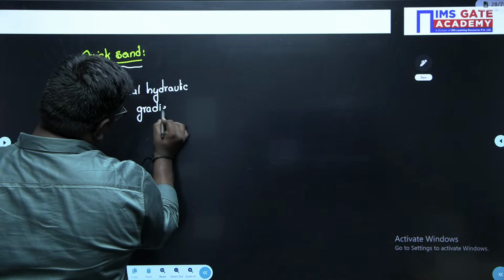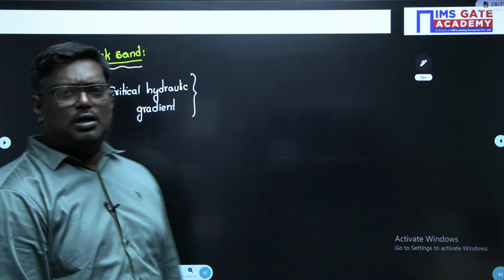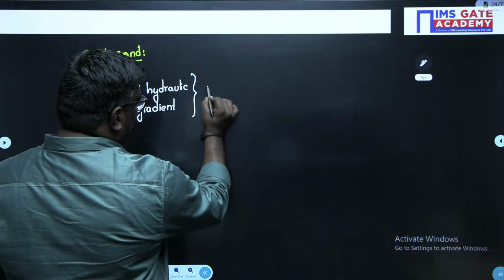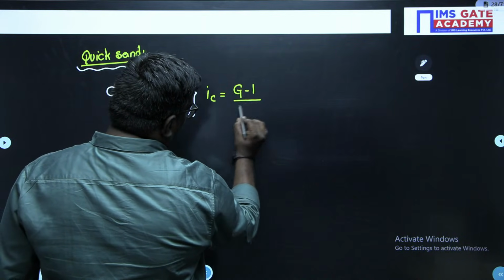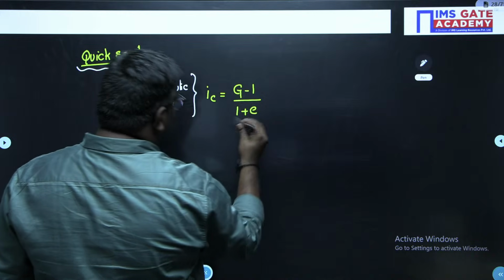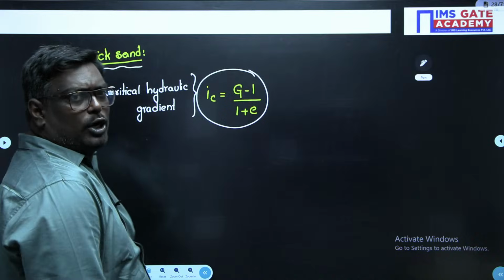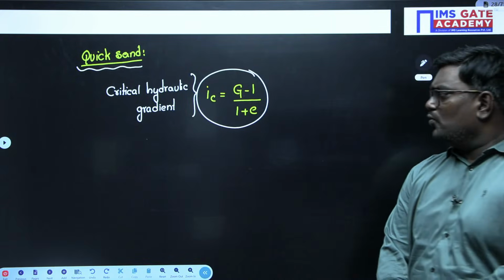Critical hydraulic gradient is given by the formula Ic is equal to (G minus 1) upon (1 plus e).